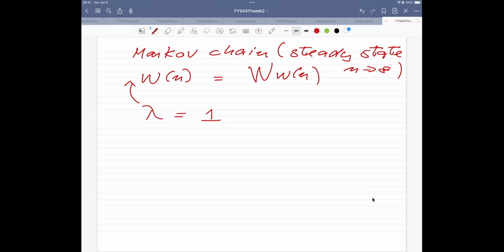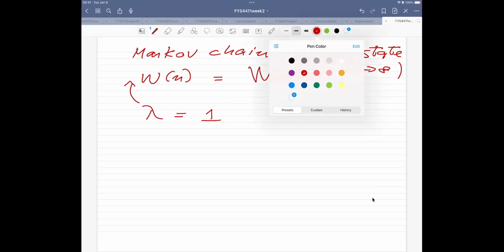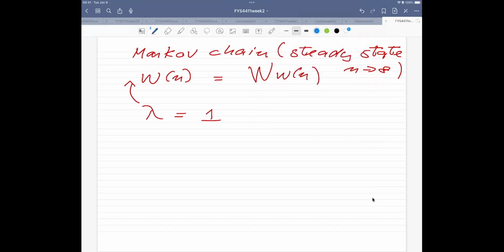So what happens, when you look at these expressions, is that in the limit, when n goes to infinity, we can replace these equations with W of n going over to W, and that is equal to W here, and that is the steady state situation. So the process is no longer time dependent.